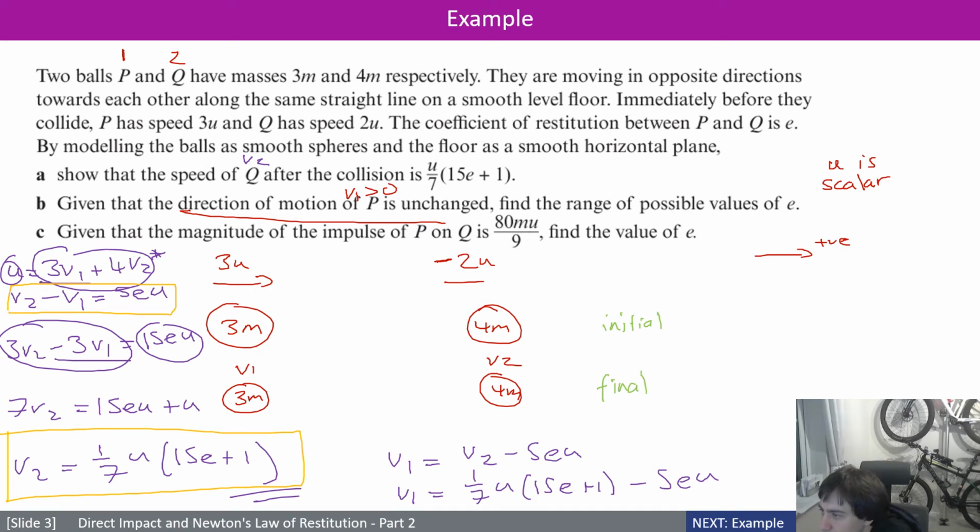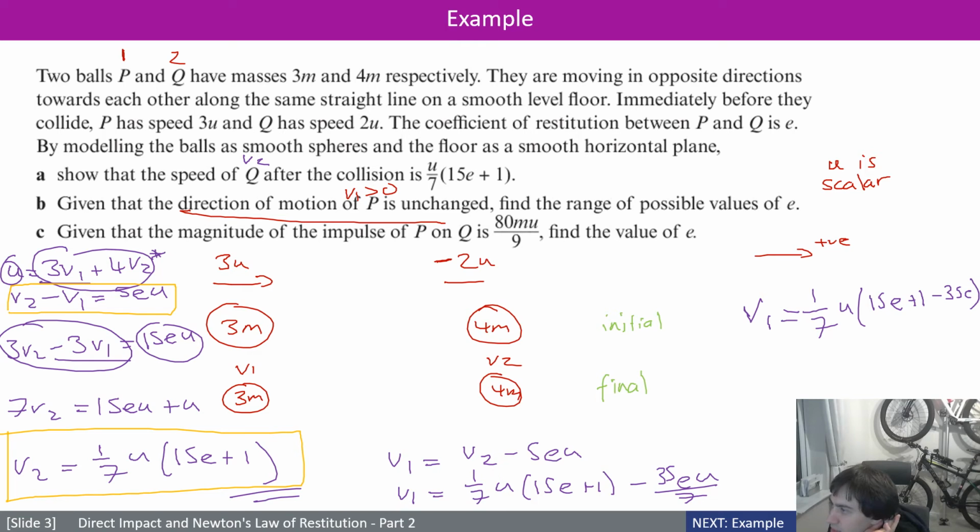And we should be able to combine all that. So if I change that 5 to a 35, so that is now over 7, I'll write it over here: V1 is equal to a 7th U of 15E plus 1 minus 35E.